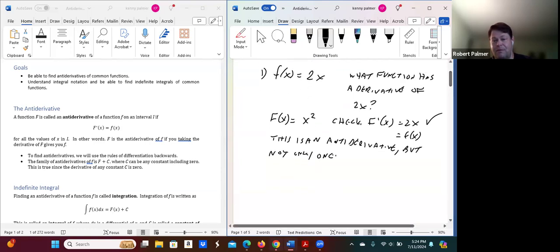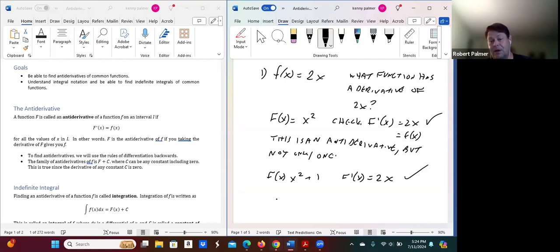What if I have capital F of x equal to x squared plus 1? If I take the derivative of that, obviously that's also 2x. Or what if capital F of x is equal to x squared minus 3? If I take the derivative of that as well, of course, that's also 2x.